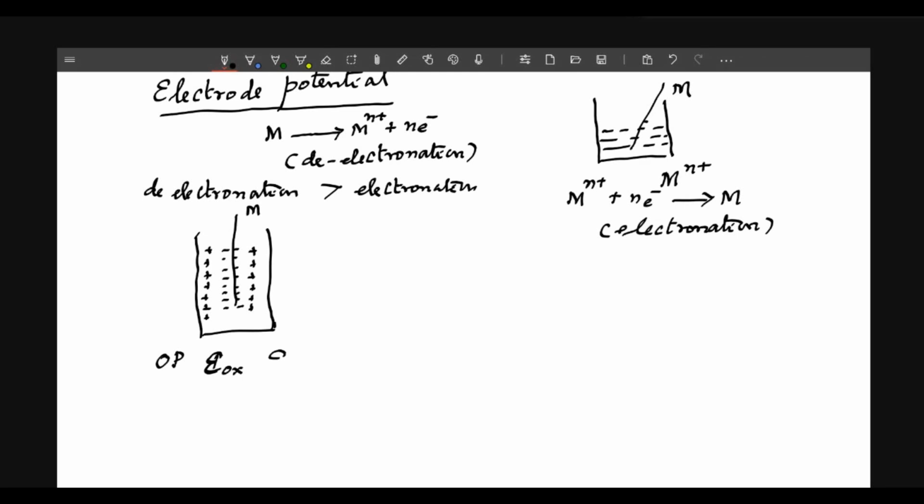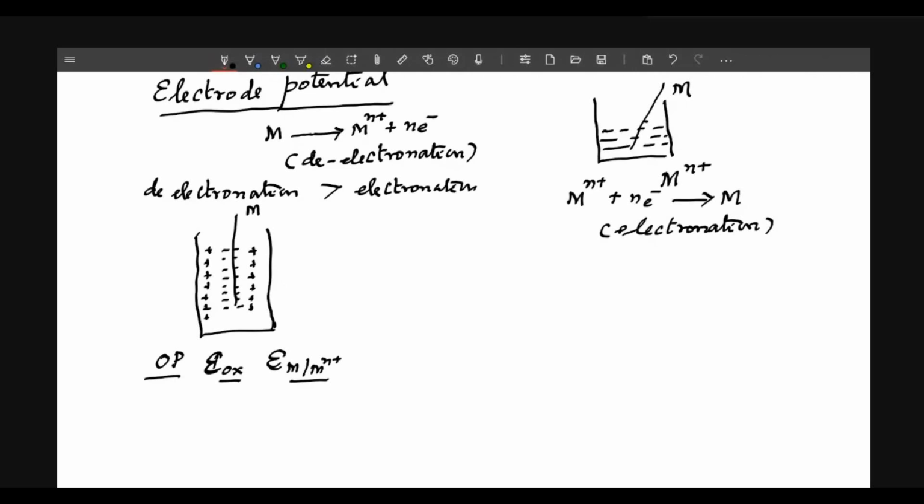E ox, or epsilon of M bar Mn+, is how the reaction process would be written. This is due to the electrical double layer potential.